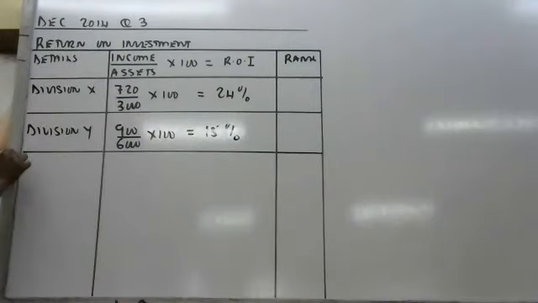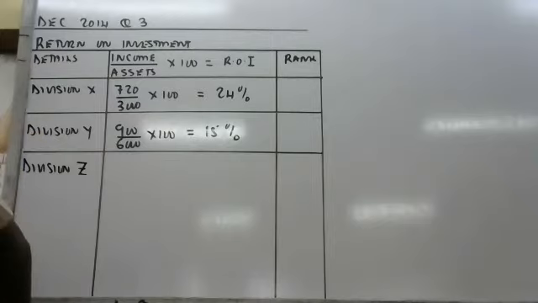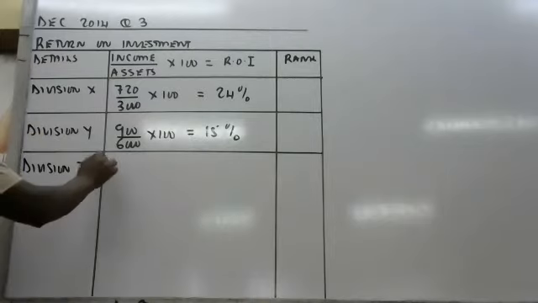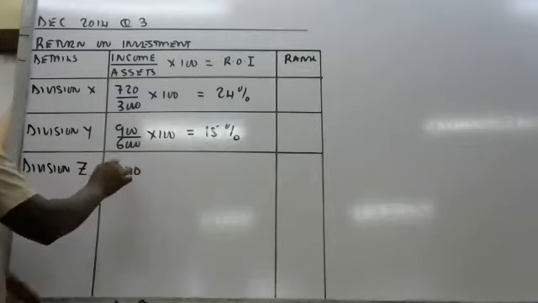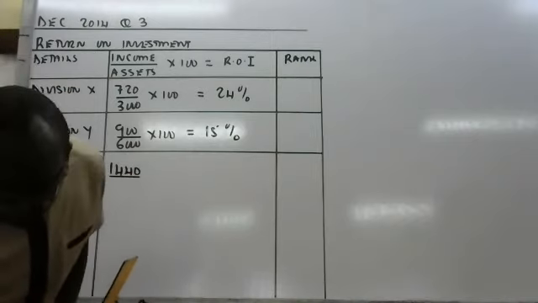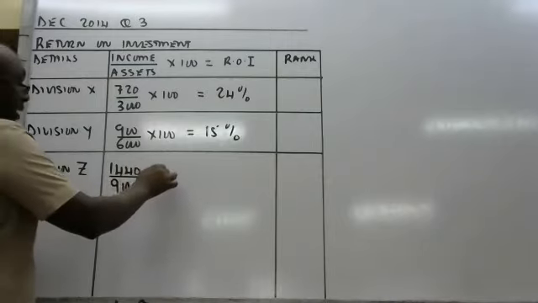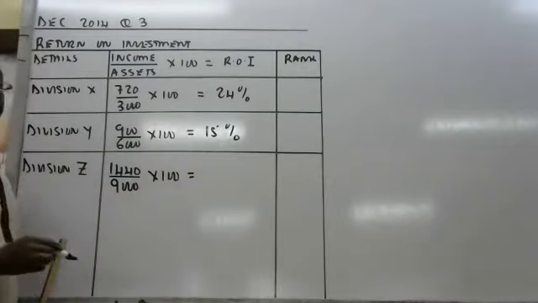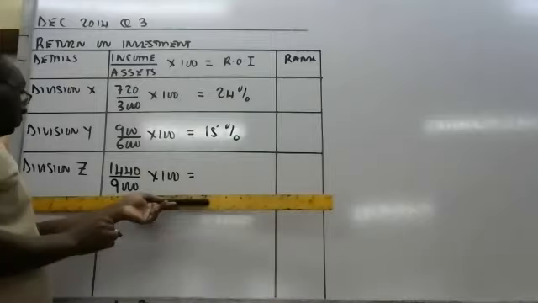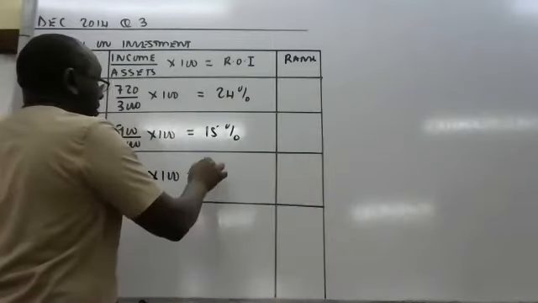Then we go to division Z. We have 1440. You divide by the assets, which are 9,000, times 100. We have 16%.